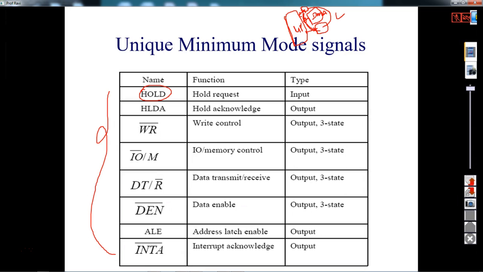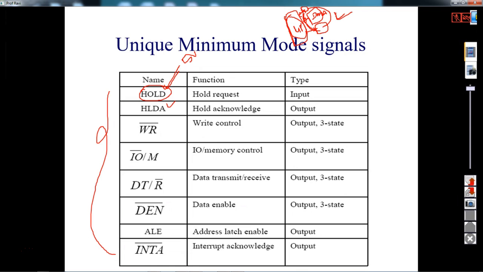So the DMA controller puts a request called hold, which means hold for some time. It requests the processor to hold for some time by placing a 5-volt signal on this hold pin. If the request is valid, then the processor uses the hold acknowledgement and says yes, you can go ahead.